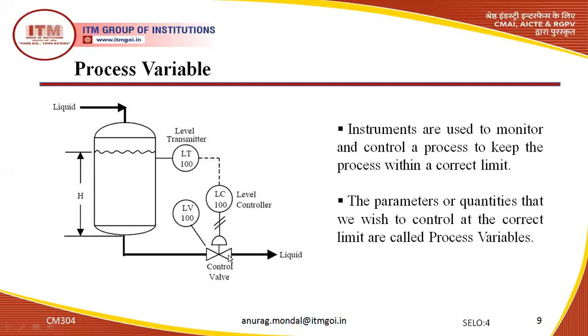So what we maintain, or take as a parameter, is nothing but the level. In the second point, I clearly mentioned that the parameter or quantity that we wish to control at the correct limit is called the process variable. Means the liquid we need to control within a correct limit. So in this process, the level of the liquid is our process variable.